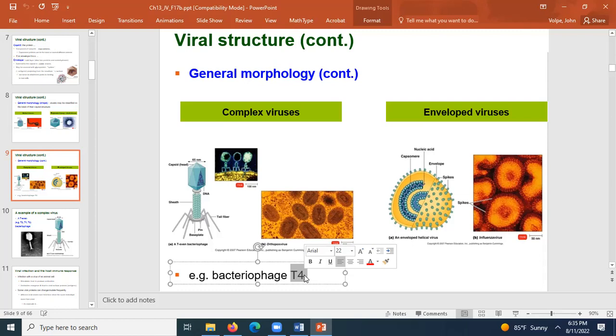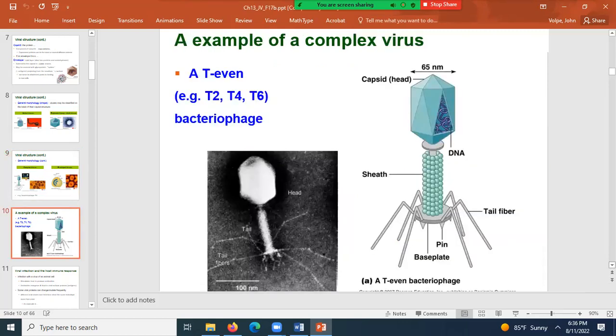And so it was therefore an easy virus to study because most microbiology labs already had E. coli. T4 belongs to the T even family of viruses, and they all have this same shape, like T2, T4, and T6 are in the T even family.